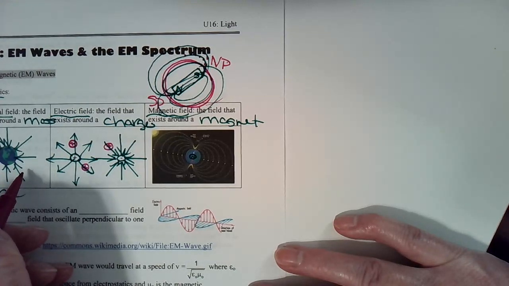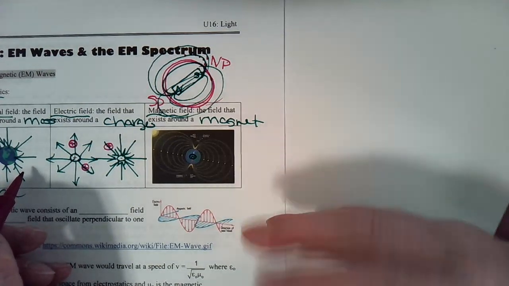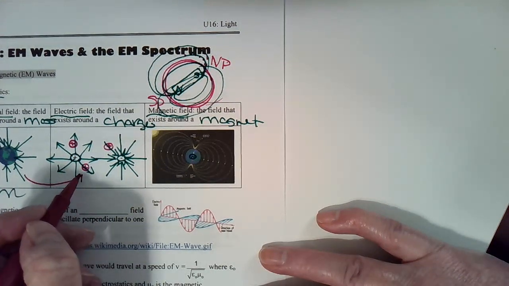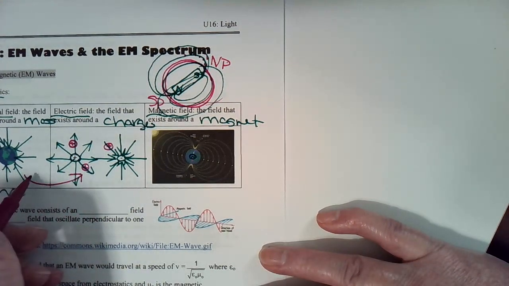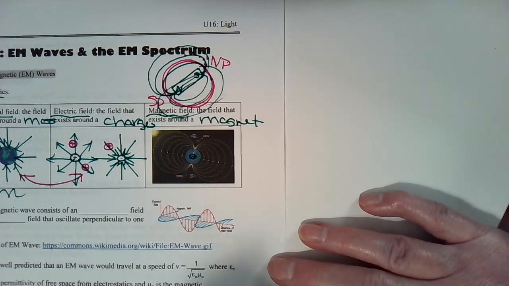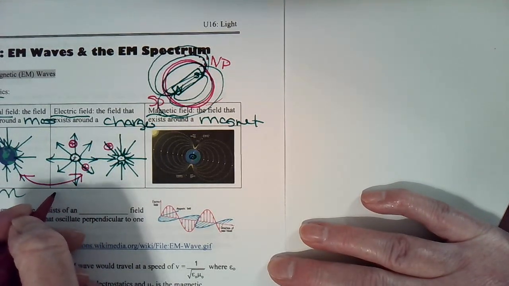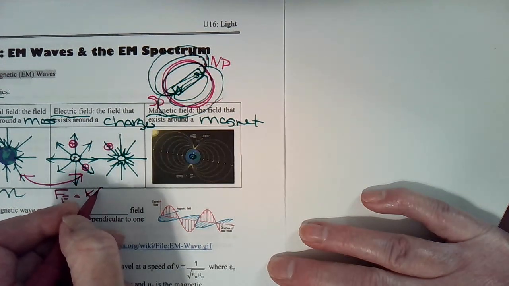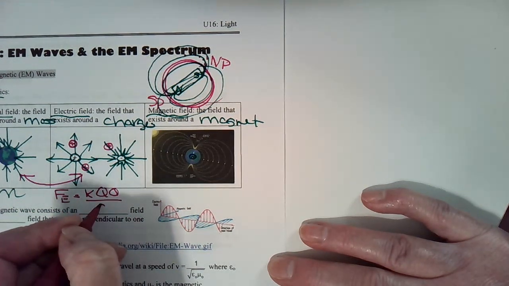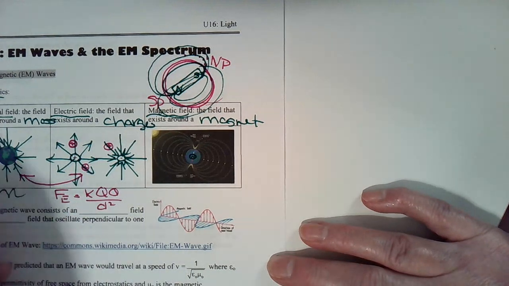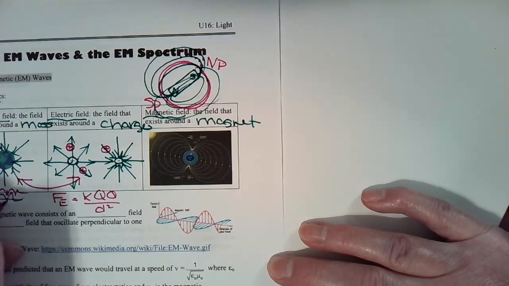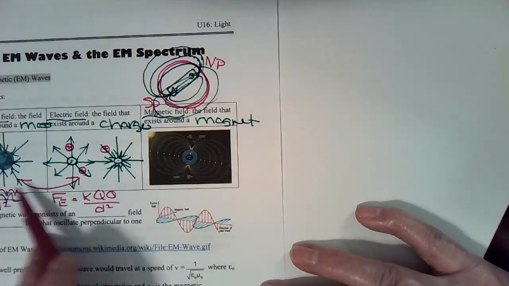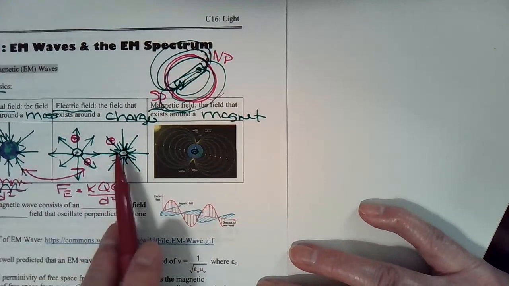So all of that comes into play here in that we at one point tied together the topic of gravitation, which comes from mechanics, to the topic of electricity and magnetism through Coulomb's law. We wrote down that Coulomb's law, which was the electric force, was kQQ over d squared. And the gravitational force, which is part of mechanics, was GMM over d squared. And we just used that to show that there's a connection between these topics.